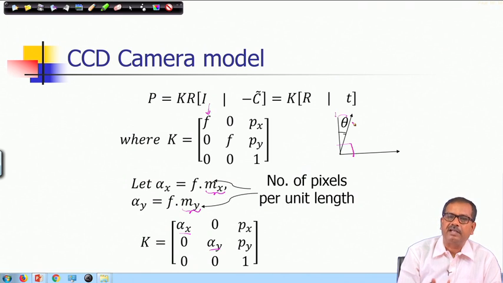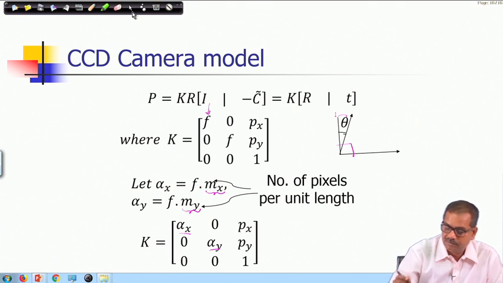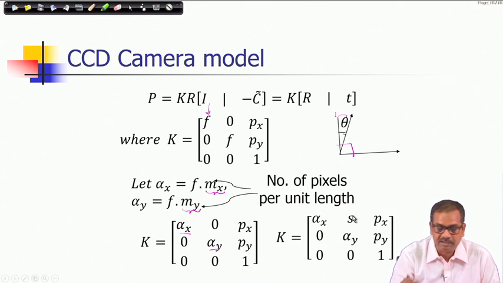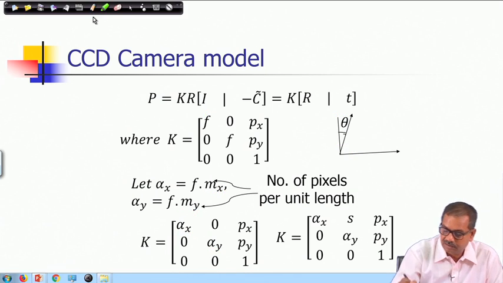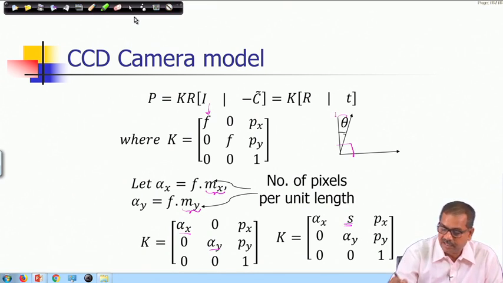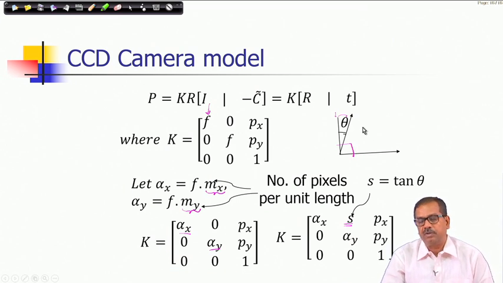So, we need to correct that skew, and this is taken care of by introducing another parameter into the calibration matrix, which is shown here, given by s, which can be derived from the corresponding coordinate transformation.